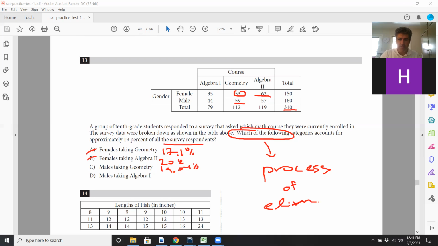So C is definitely closer. Males taking algebra 1. Gosh, these numbers are all really close. Well, algebra 1, so algebra 2, so 44, which is about 14%. So that's what I'd see.